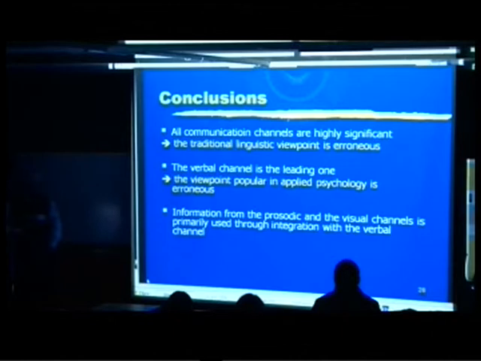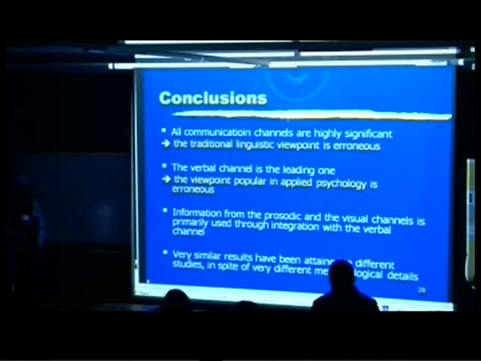And finally, very similar results obtained in very different conditions apparently show that there are certain constant and robust tendencies in this kind of data, in this kind of experimental design.